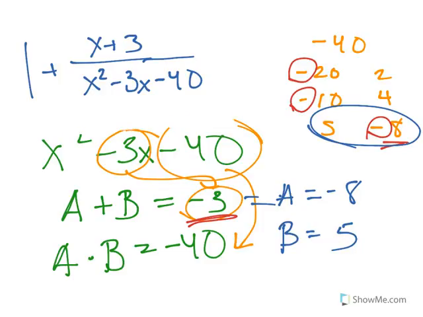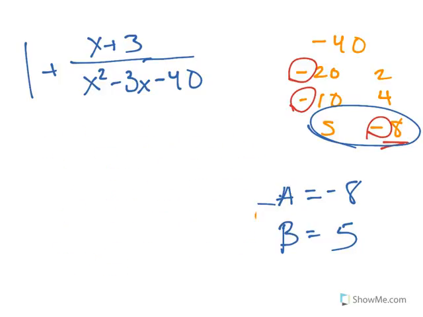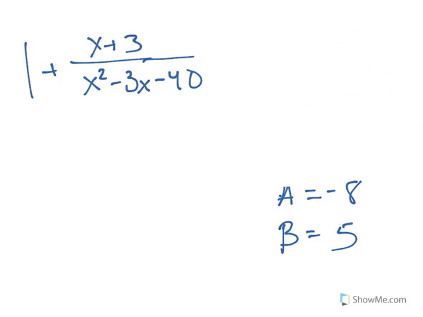And now we just factor out like we learned before. So let's just do x squared plus 5x, and then minus 8x minus 40.